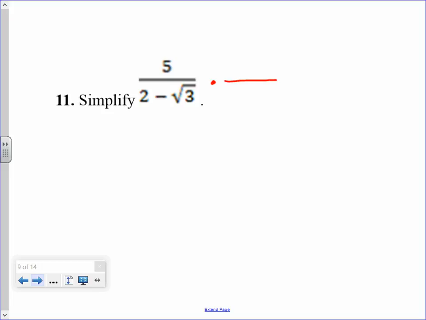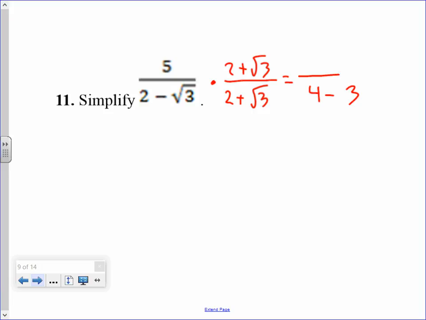radical on the denominator. What it would be is 2 plus root 3, because this is like what you get for a difference of 2 squares. So what you get is 4 minus 3. If you FOIL this out, you'll get 4 minus 3.